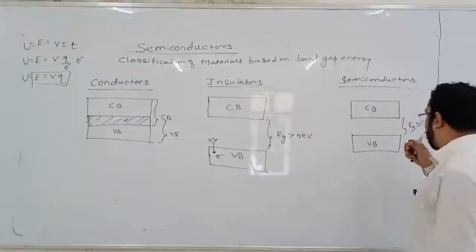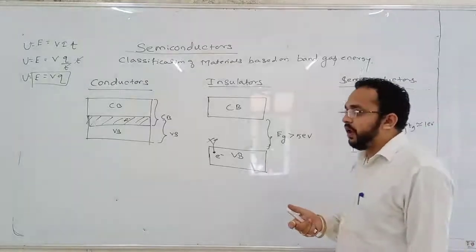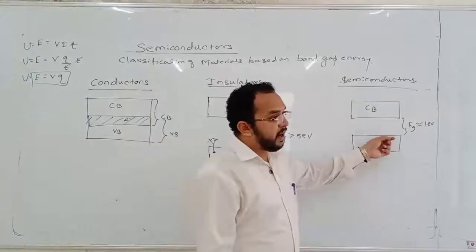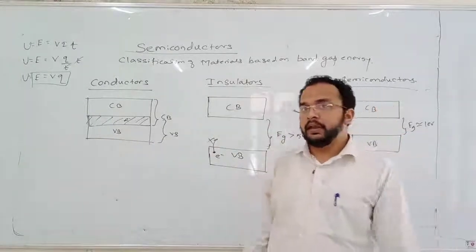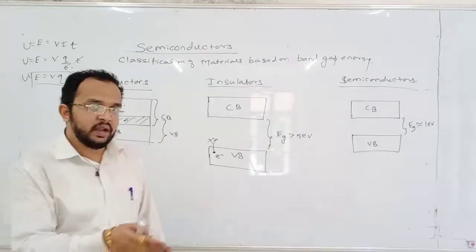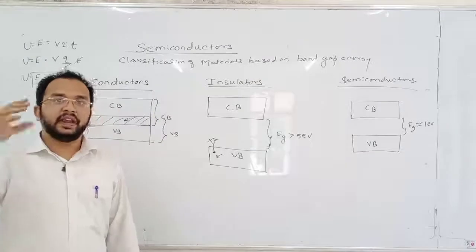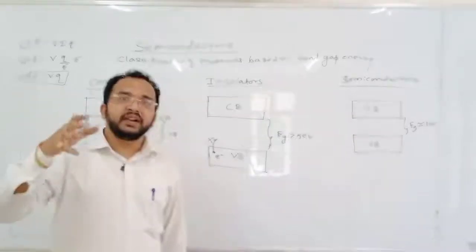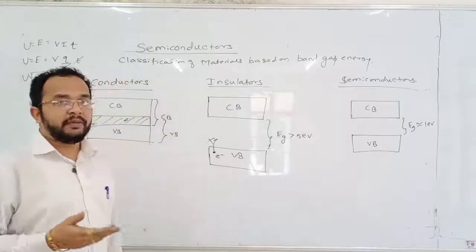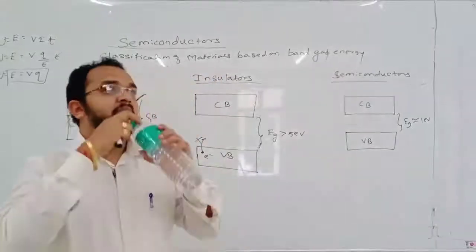So here, by some external influence, the electron can easily transfer from the valence band to the conduction band. They can easily move. Some passengers are on the platform, and if there is a siren, or some announcement by the railway department, then the passengers move.